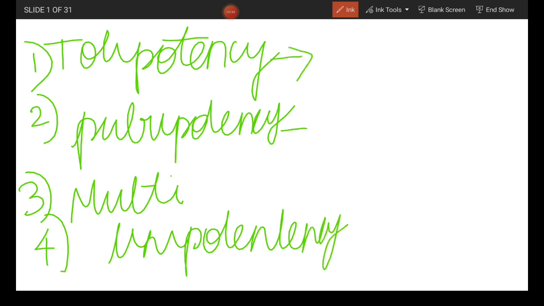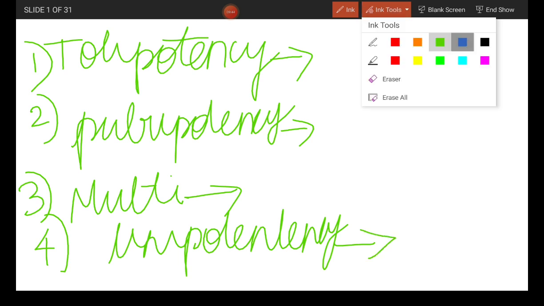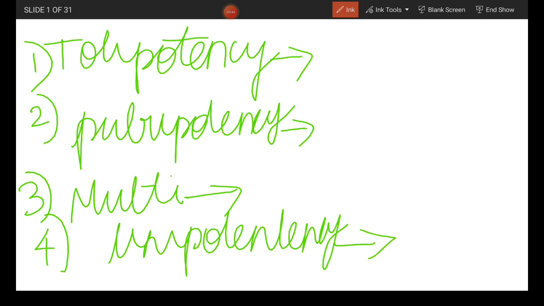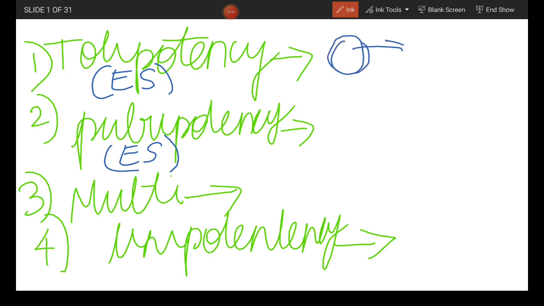We will see about each one. These are basic details; without them, we will not be able to understand the whole unit. Totipotency is found in the embryonic stem cell. A cell that has the potential to develop into a whole organism is called totipotent.